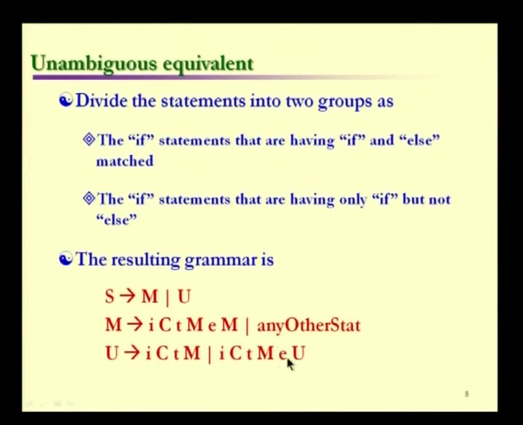So, to avoid the dangling else problem, we must introduce a matched statement in between then and else, and following this else we may even have an unmatched statement. Because of this unmatched statement, we know it does not have the else component, only the then component. So, these productions give you the new grammar which has no ambiguity as far as the dangling else is concerned. We must rewrite the dangling else grammar so that the ambiguity in it is completely eliminated.